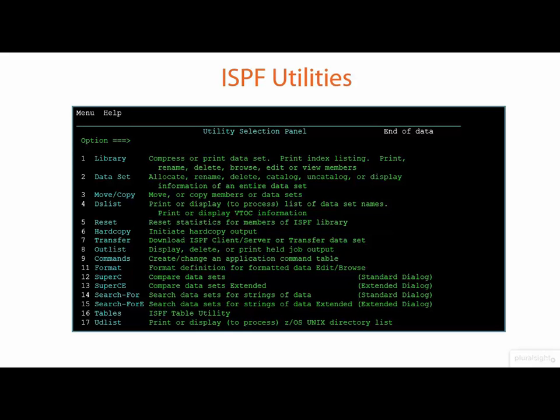So in particular, options 16 and 17 deal with more advanced concepts, whereas options 6, 7, 8, and 9, as well as 11, are most inclined for different elements of data sets that are rarely used anymore, either because the functionality already exists in the majority of screens, or in fact there may be other products or even other ISPF applications that most installations run with that take advantage of those capabilities. So we don't need to use those functions under the utilities options here.